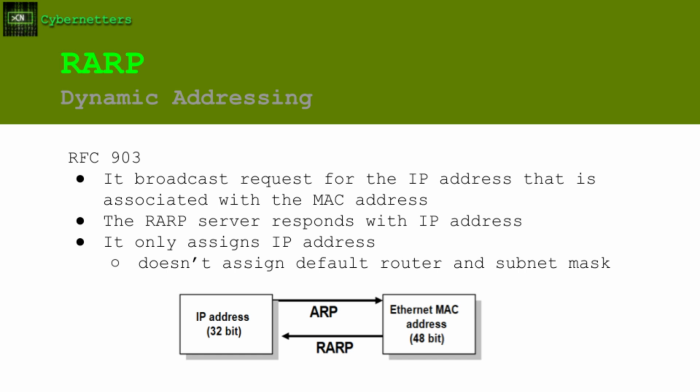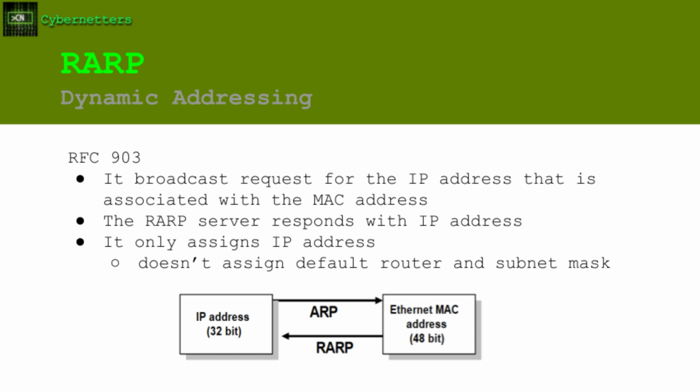Now let's talk about RARP, or reverse ARP. This was an older protocol, RFC 903 by the way, that let a device broadcast a request saying, "Here's my MAC address. What's my IP?" The RARP server would then respond with the IP address that matches the MAC.